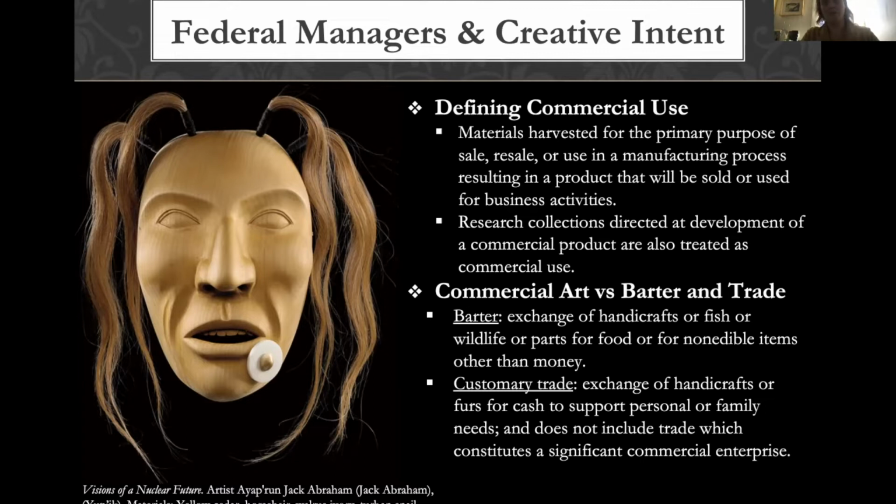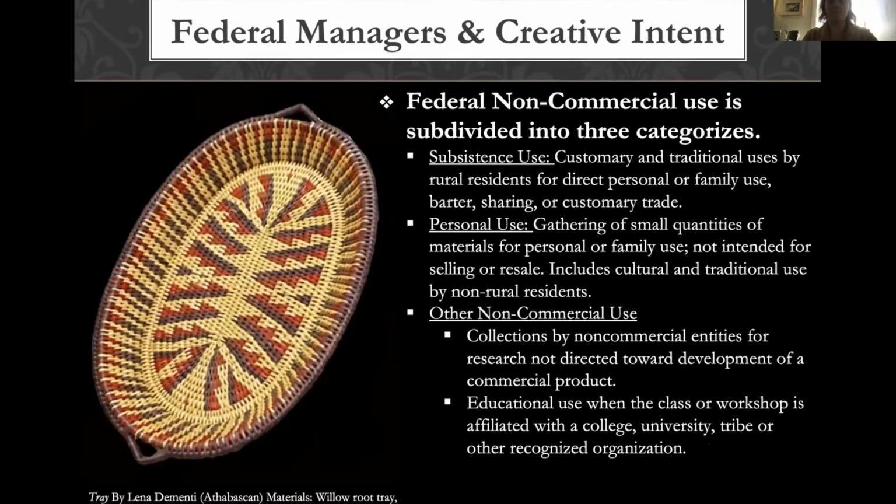That's where the distinction with commercial gets a little sticky with federal agencies, because with subsistence, they do allow for artistic barter and artistic trade. The key thing, again, is looking at how much of your income is actually developed from that purchase or from the customary exchange.